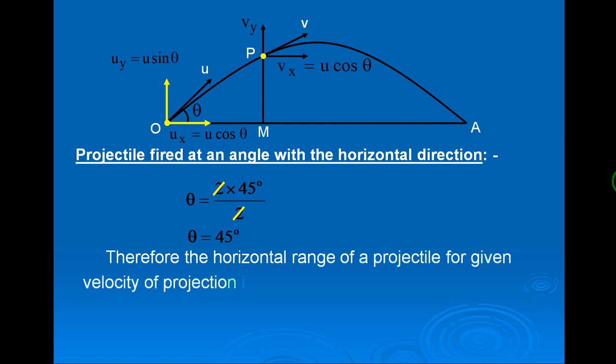Therefore, the horizontal range of a projectile for a given velocity of projection is maximum if the angle of projection is 45 degree.